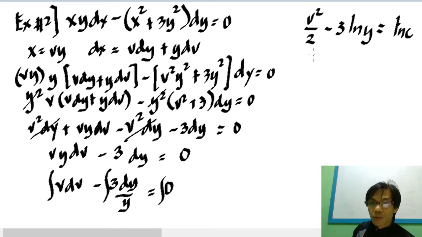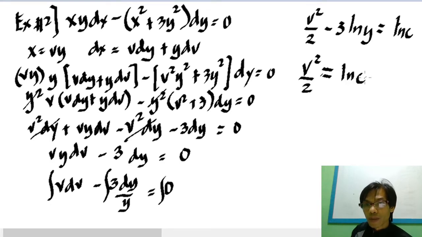To eliminate the 2, we have to multiply by 2 on all terms. Or we can put it as v squared over 2 equals, putting this on the other side, ln of c plus 3 ln of y.